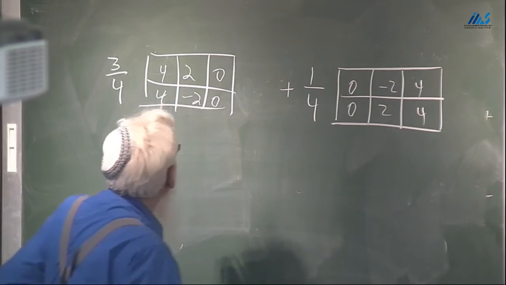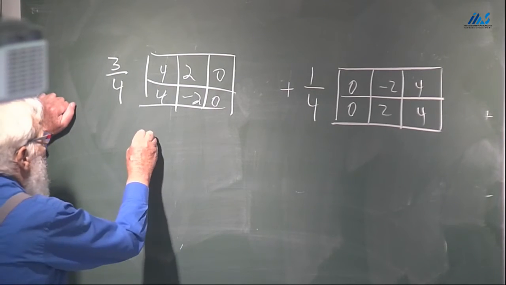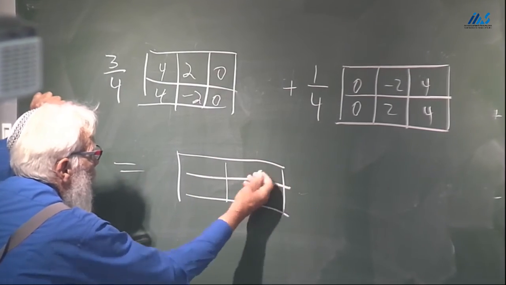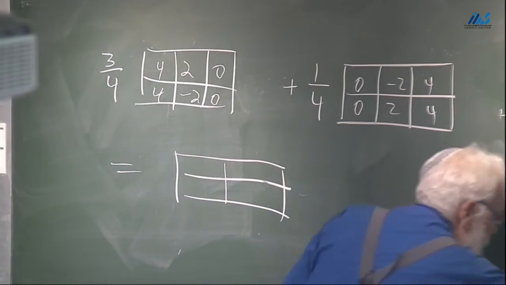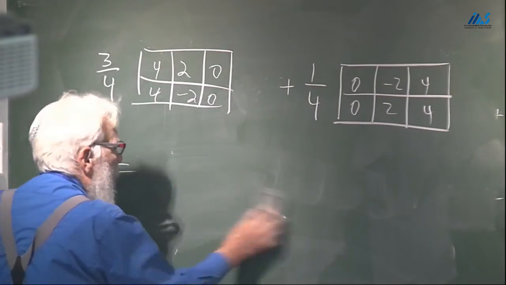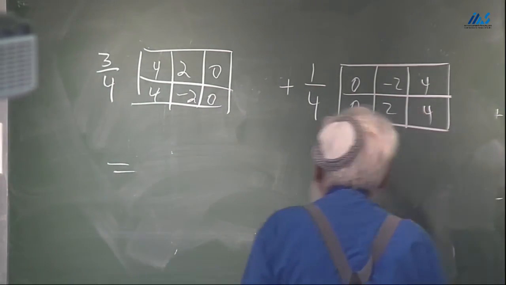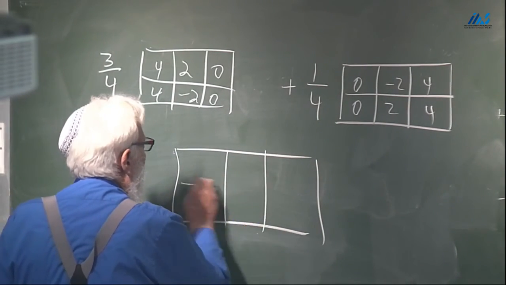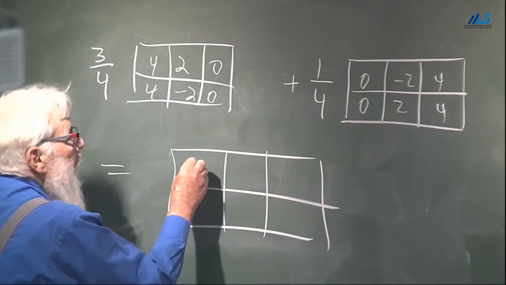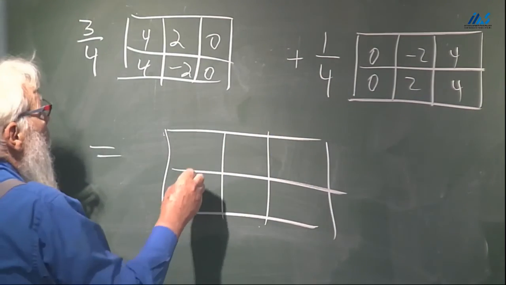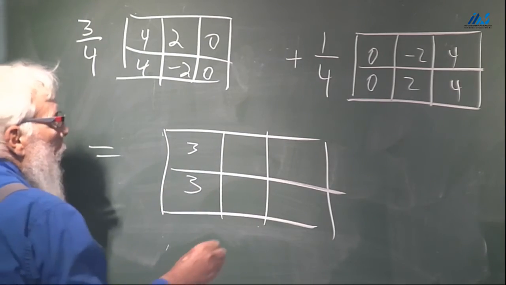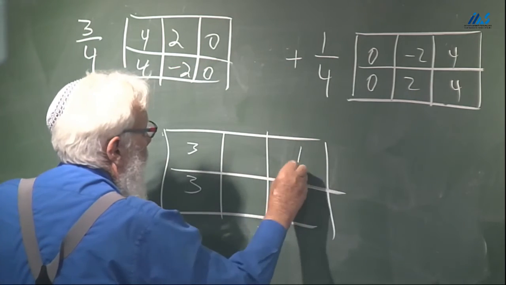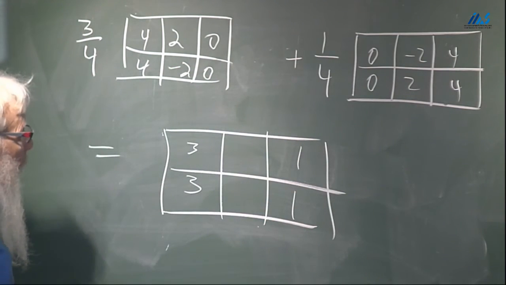Okay? What is that? Three-quarters of 4 is 3. 1/4 of 0 is 0. So we get 3, 3. Over here, 3/4 of 0 is 0. 1/4 of 4 is 1. So we get 1, 1 over here.